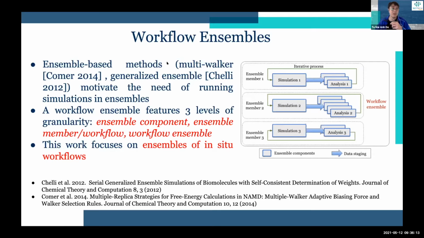And in this work, we revisit the definition of a workflow ensemble, as you can see in the diagram on the right side. A workflow ensemble is comprised of multiple ensemble members of the workflow that run concurrently with each other. And in each ensemble member, we have the simulation coupled with the analysis using in situ processing.